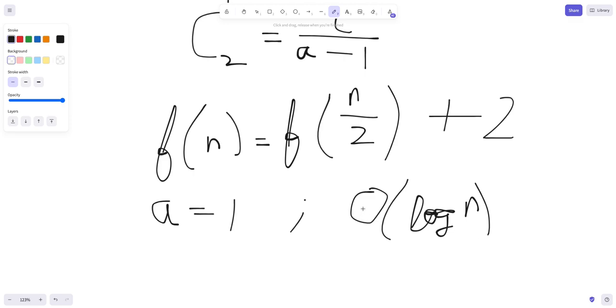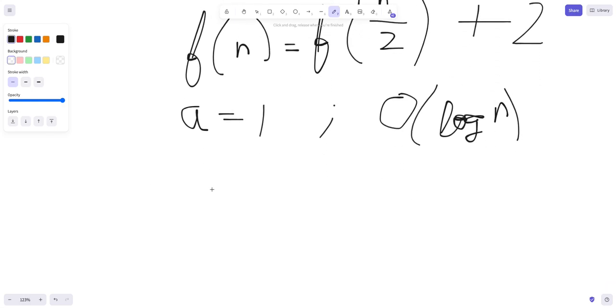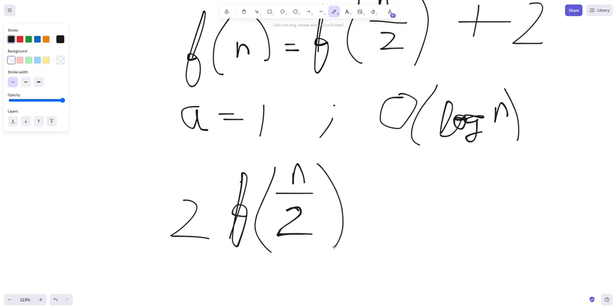Similarly, let's consider merge sort. We have 2f of n over 2 plus n.